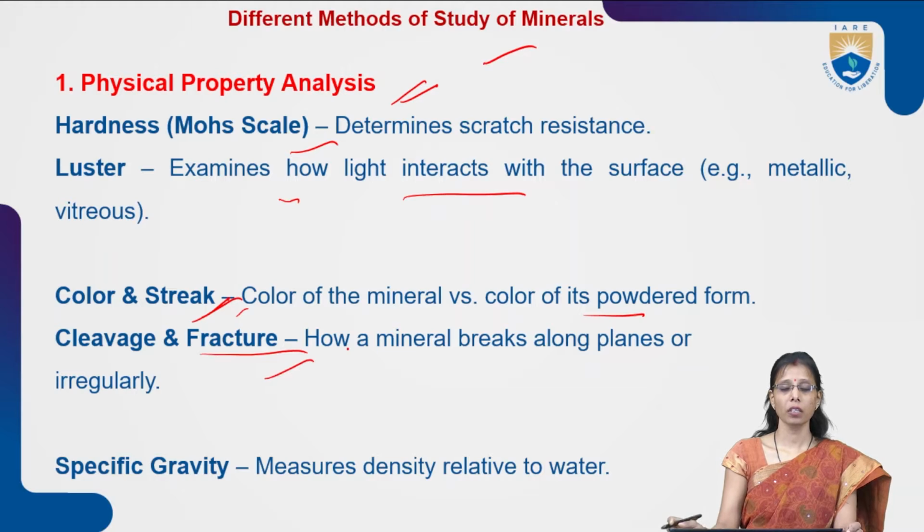Whereas fracture is an uneven kind of breakage, up and down. Some places look plain, some places look very rough. That appearance we call fracture. So how a mineral breaks, along planes or irregularly, is called cleavage and fracture.